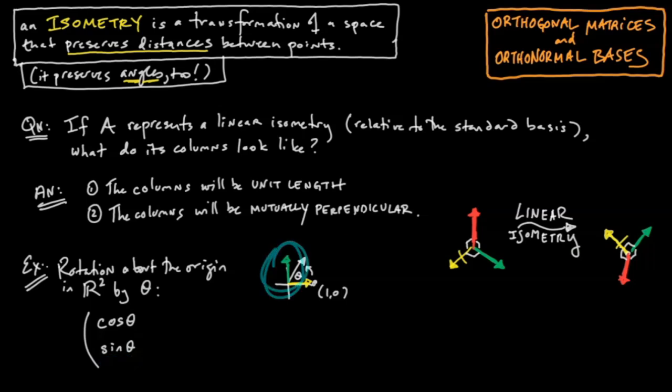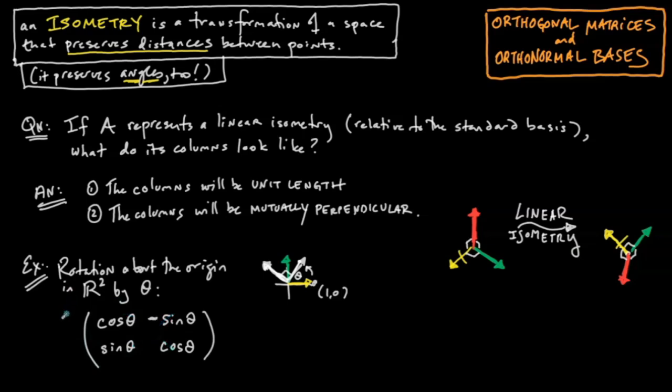And where does j hat go? Well, of course, the images of j hat and i hat will be, like j hat and i hat themselves, perpendicular to one another. And as we've discussed several times in this series of videos so far, to take a point and rotate it 90 degrees is easy to do in standard coordinates. You just swap their positions and negate the first one.